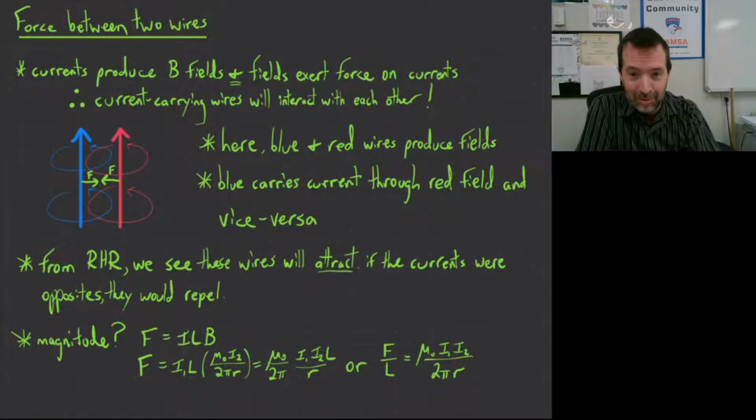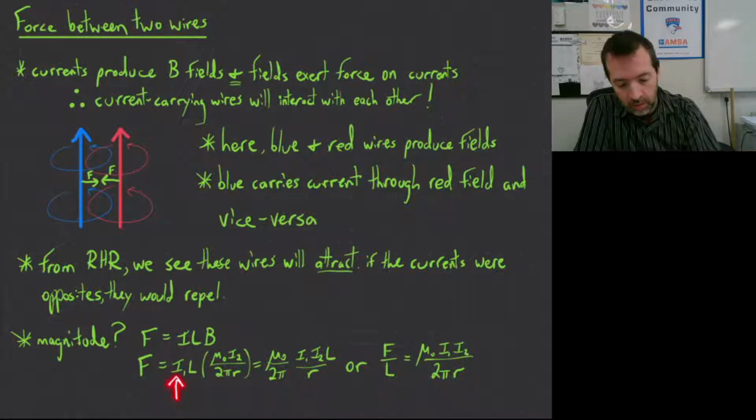I skipped the hard part, but that's the formula that I just derived for the field of a wire. So I've got current 1, the length of the wires, and then the magnetic field produced by current 2. And you just lump them together.